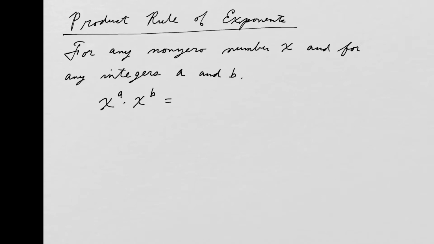They're both x's in this case, right? So same base. What you do to get the result is you keep the base, so it's still x, and you add the exponents. So the rule is a plus b. You add the exponents. Okay?